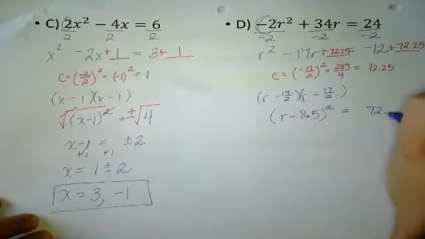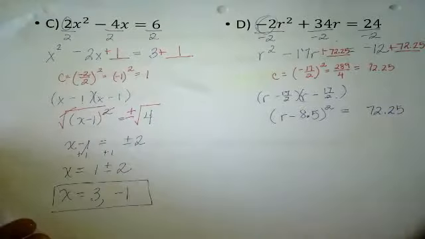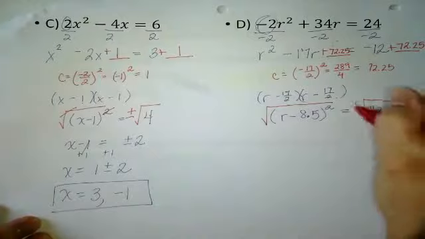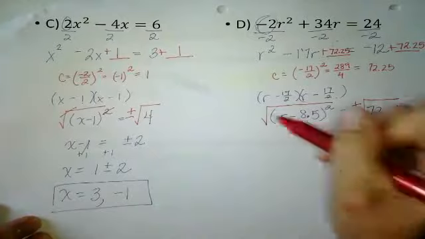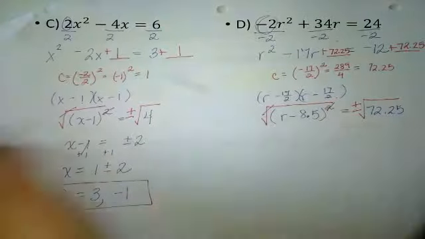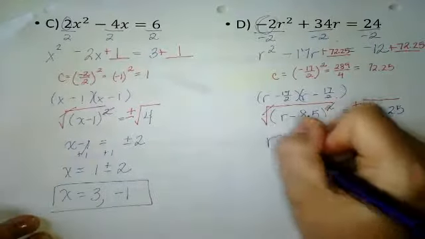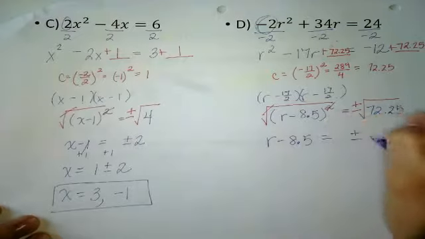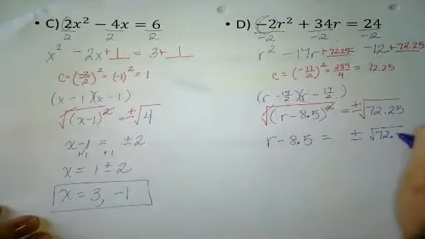Equals 72.25. And this is where we're going to use our calculators now. And go ahead and take a square root of both sides. Don't forget the plus or minus. The square root and the square cancel out. And I'm left with R minus 8.5 equals plus or minus the square root of 72.25.